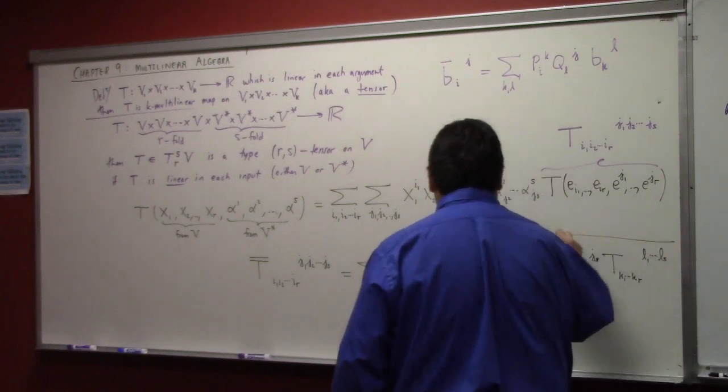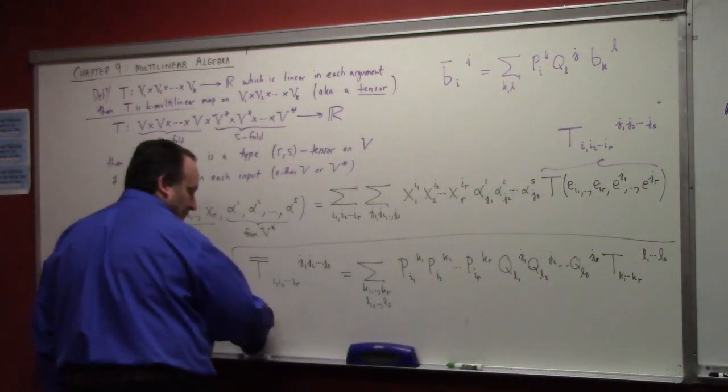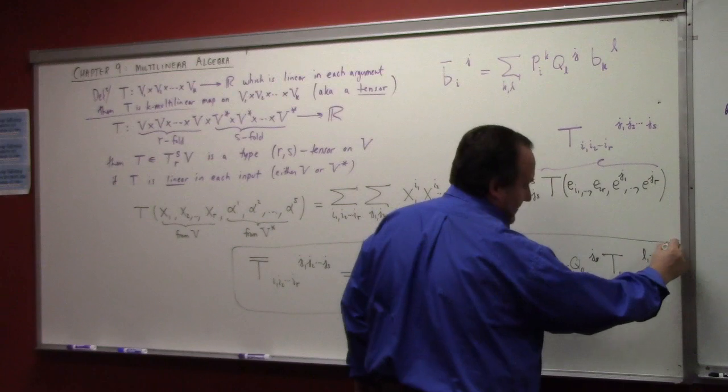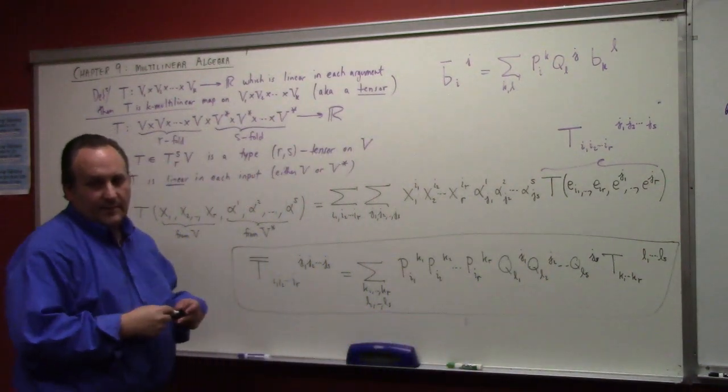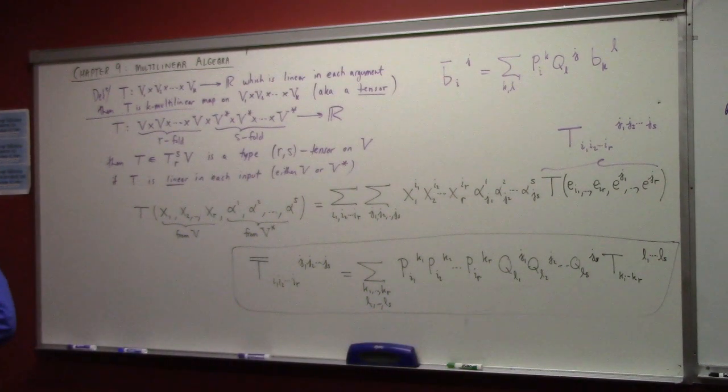And there you go. That is the coordinate change rule for a type (r,s) tensor. And the mathematics of why that's the case is pretty much what we did at the start in terms of 1,1 tensors.